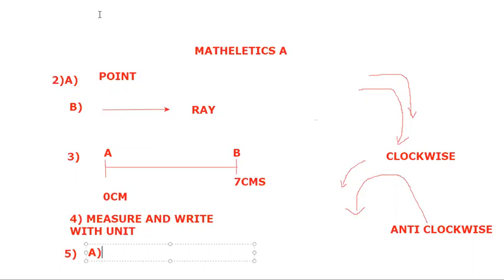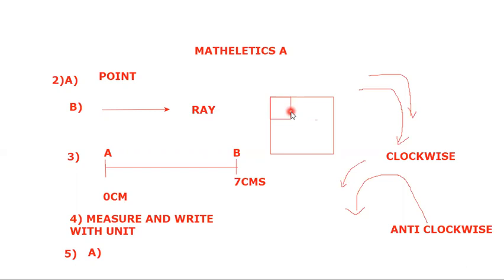You must be very clear about these diagrams. Let me draw a square. So, this is the square in front of you. This part is yellow color and this part is green.